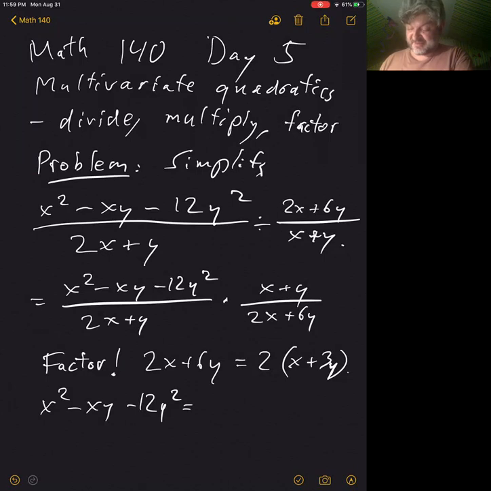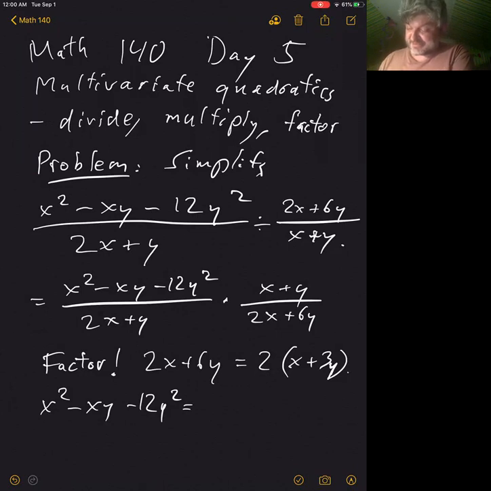And that means, is there maybe a factor 2x plus y hiding in there? Or is there maybe a factor 2 hiding in there? Or a factor x plus 3y? Any of those three would allow us to simplify, okay? Because that's the factors that we can see in the denominator.